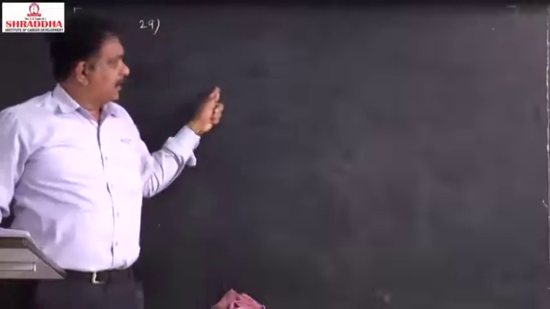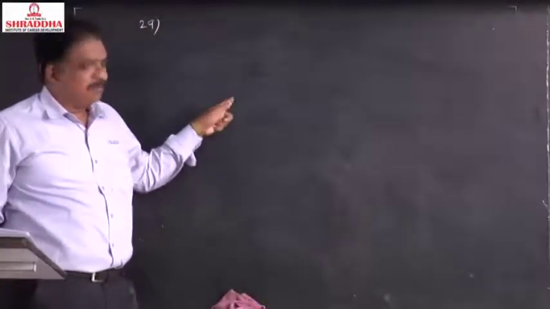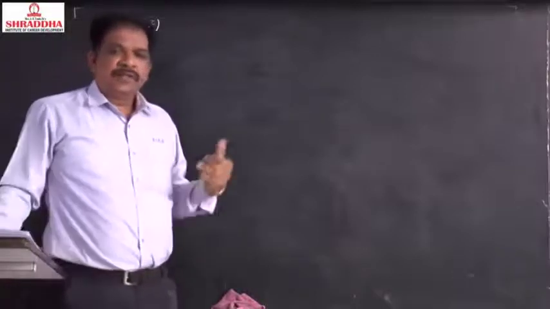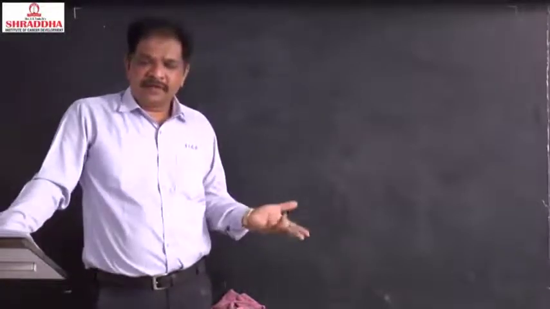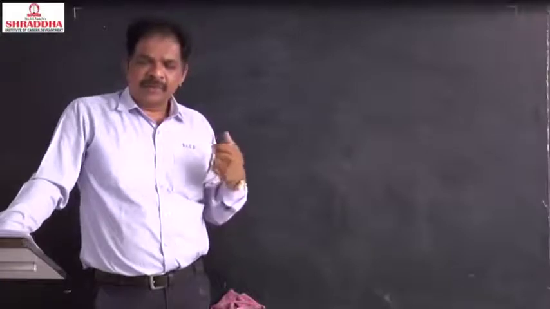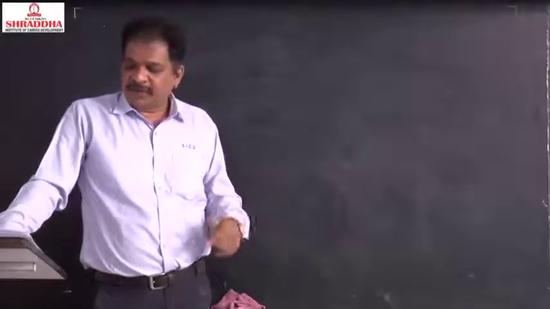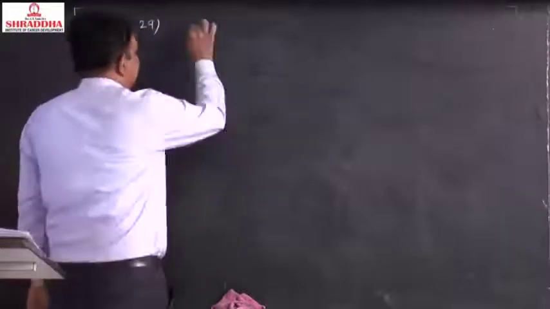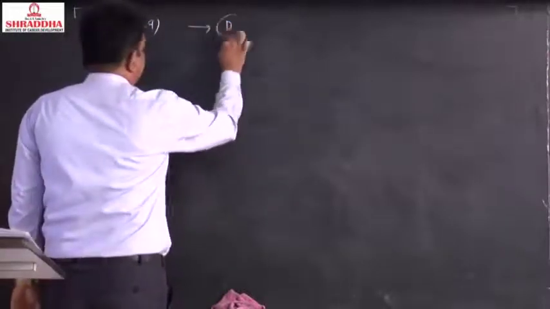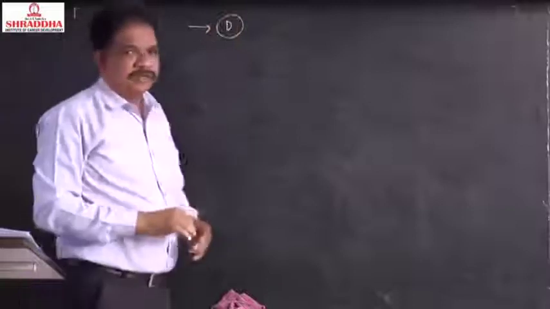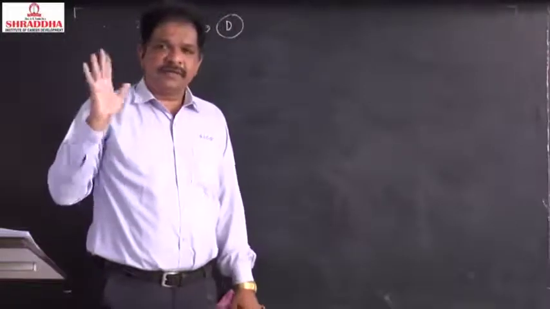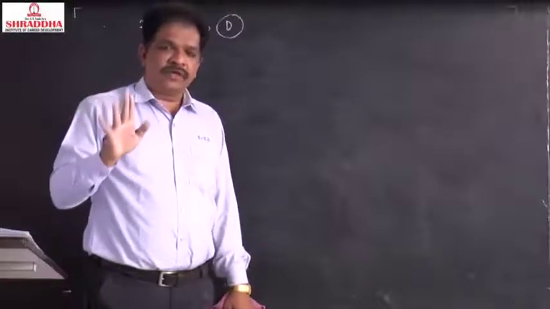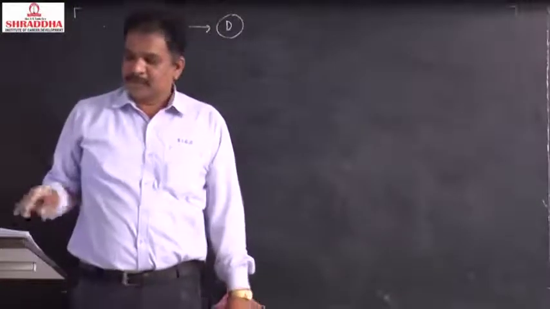If the vector is in a plane, we can divide that into 2 components, 3 components. If it is in space, we can split into infinite number of components. So 29, it will be D. A vector can be split into infinite number of components.